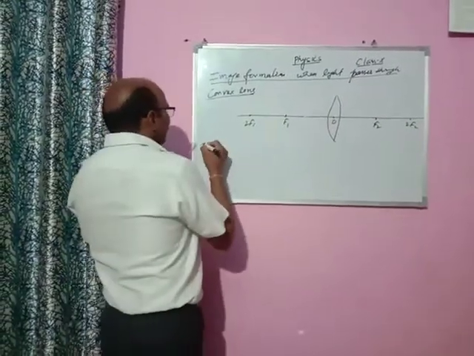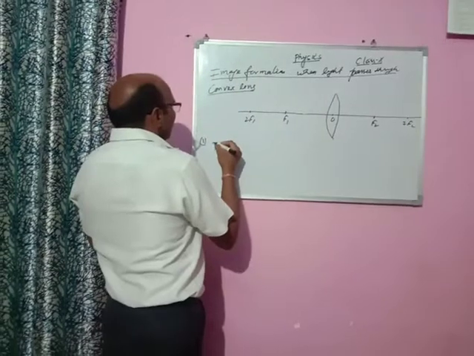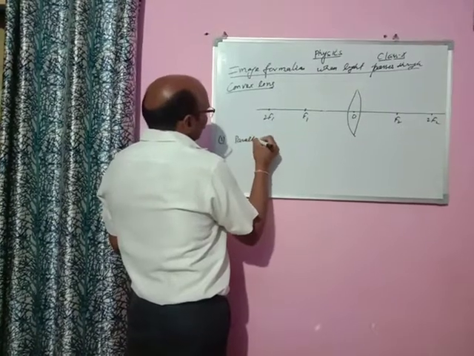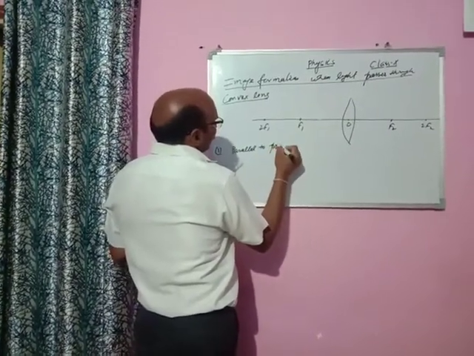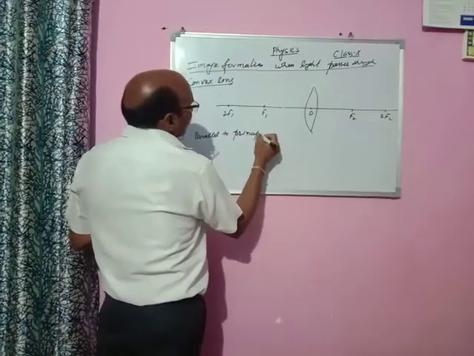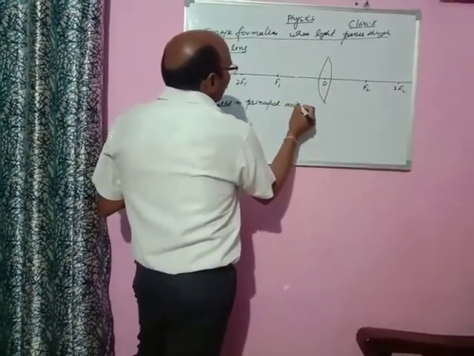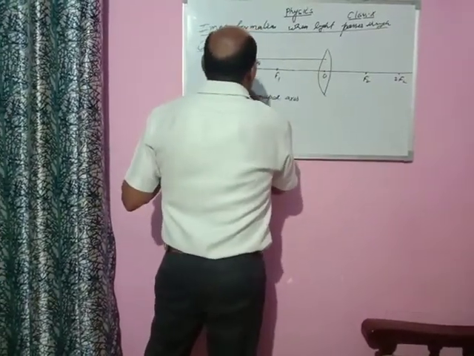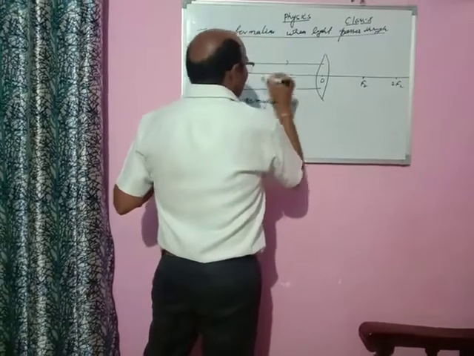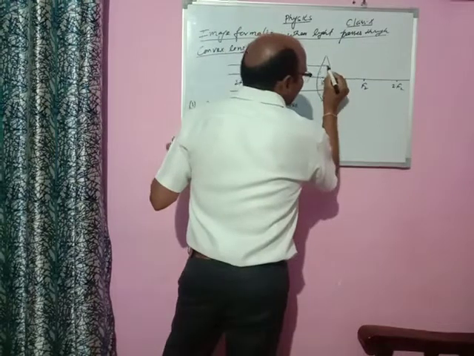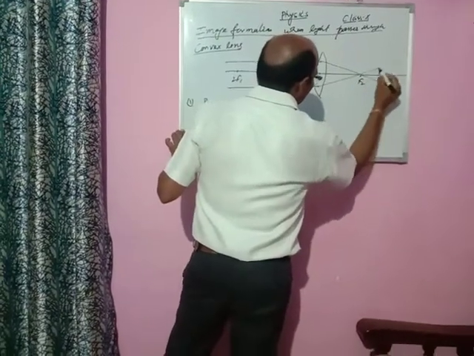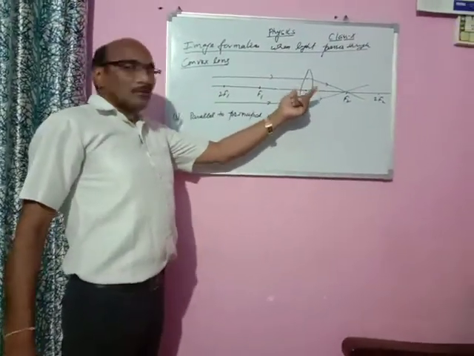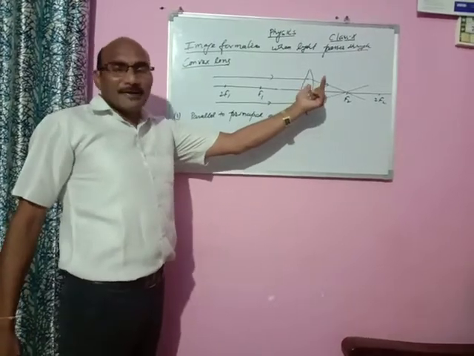First, the light ray which is coming parallel to the principal axis. This incident light ray always converges at the focus, because of the effect of refraction through this prism.